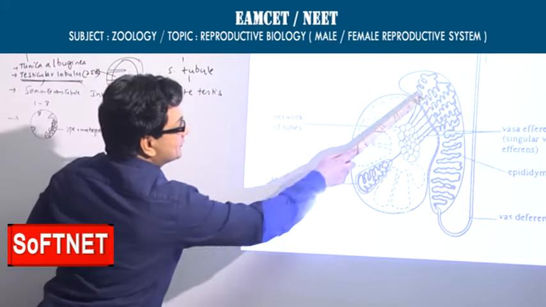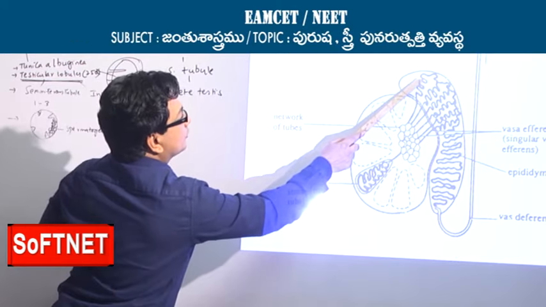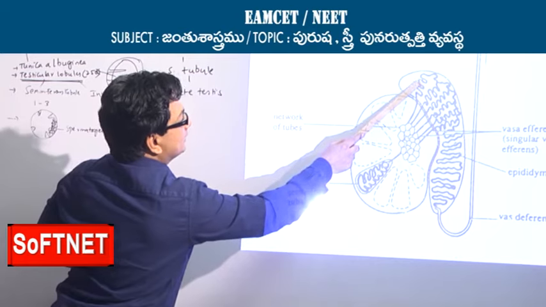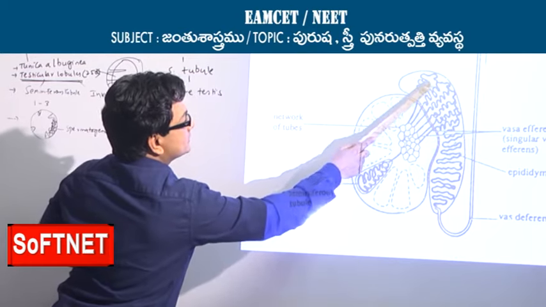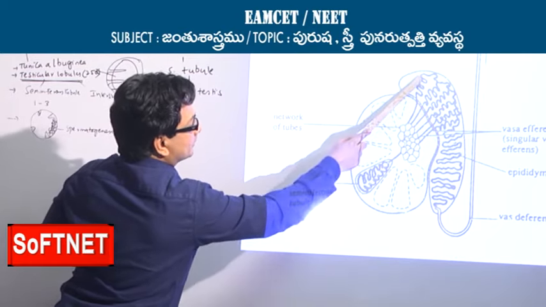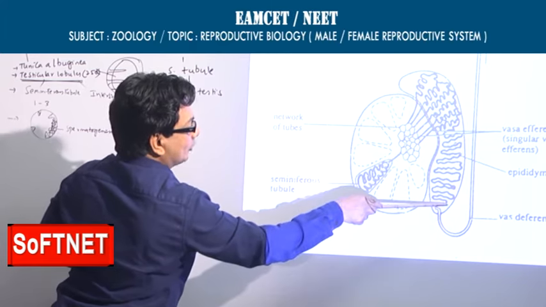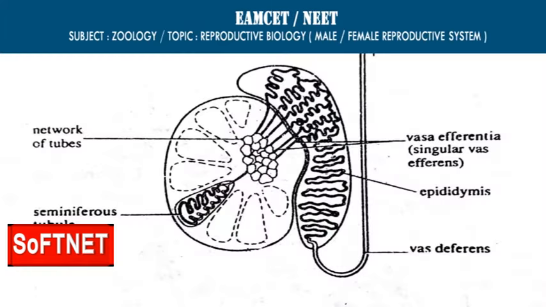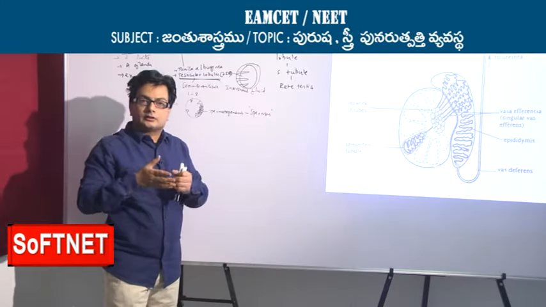The epididymis is divisible into the caput, the corpus and finally the cauda. The cauda continues as the vas deferens. Now let's study the journey of the vas deferens.